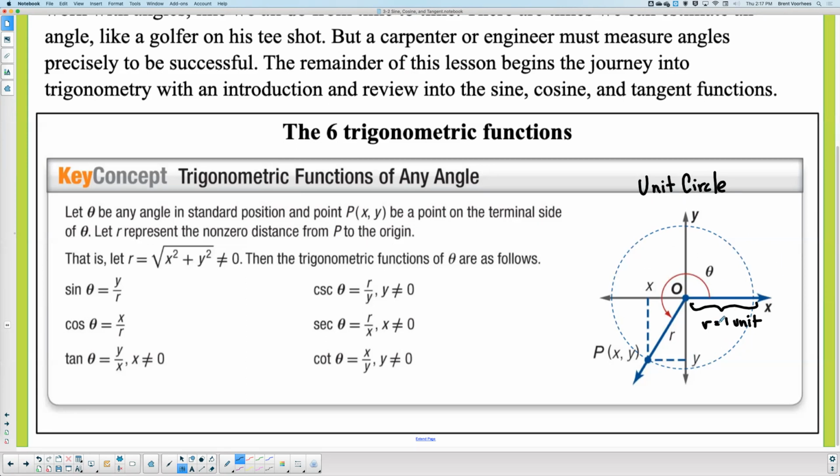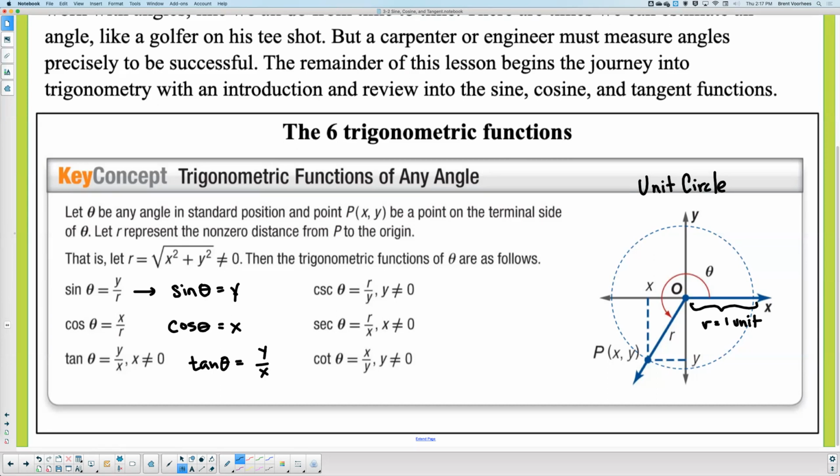Now, if r equals 1, what could I reduce sine to be? Sine will be y on the unit circle. What is cosine going to be if r is 1? Sine is y, cos is x, and tangent will be y over x, since it has no r.